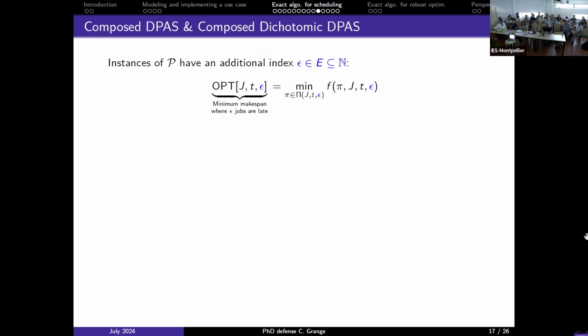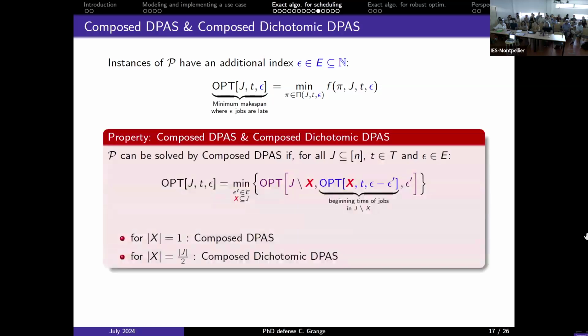So here we will use the dynamic programming not on the natural problem that derives from P, but a slightly different problem. And with that, we can deal with these release date constraints because here the starting time of the second permutation is exactly the optimal solution that we compute for the first part of the permutation.